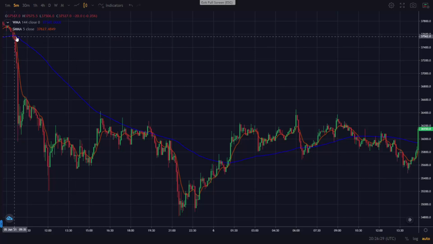So at this point here, we can see 5th of June, 9 o'clock is where we got into a downtrend, which correlates with what we saw on the 1 hour chart.